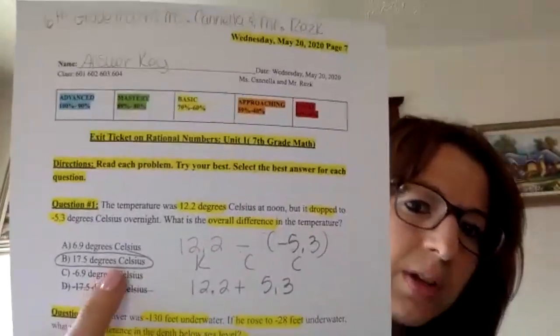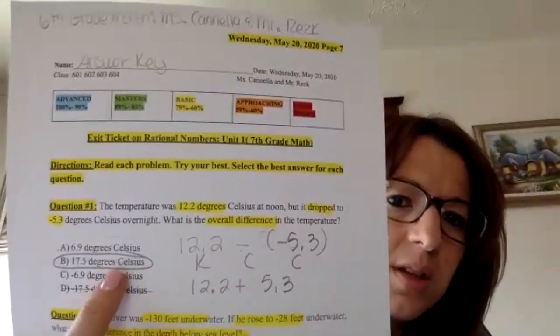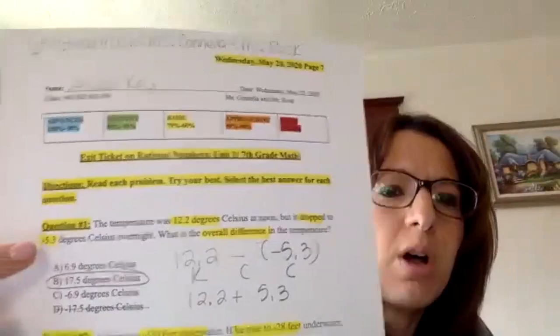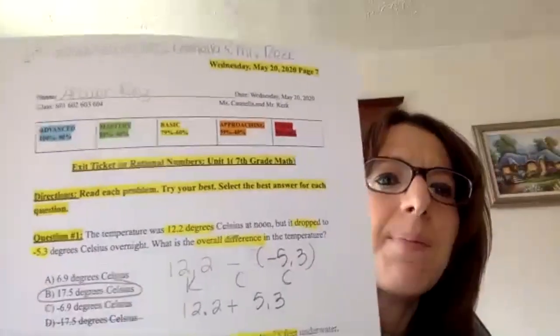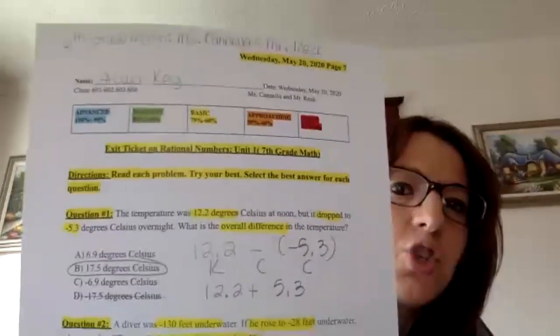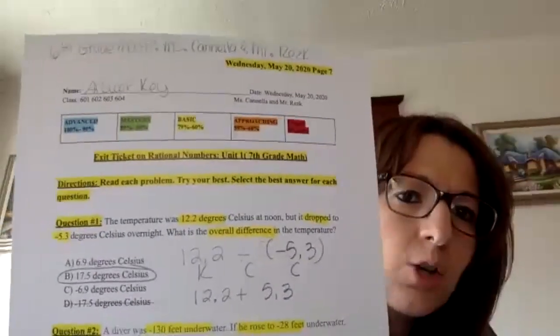So then I think it's going to be like this. Who got the same answer as me? Who got 17.5 degrees Celsius? Because if we're at 12.2, to get to 0, we got to go 12.2. And then to get to the negative 5.3, we got to go a total of 17.5 jumps, right? I could be wrong, though.